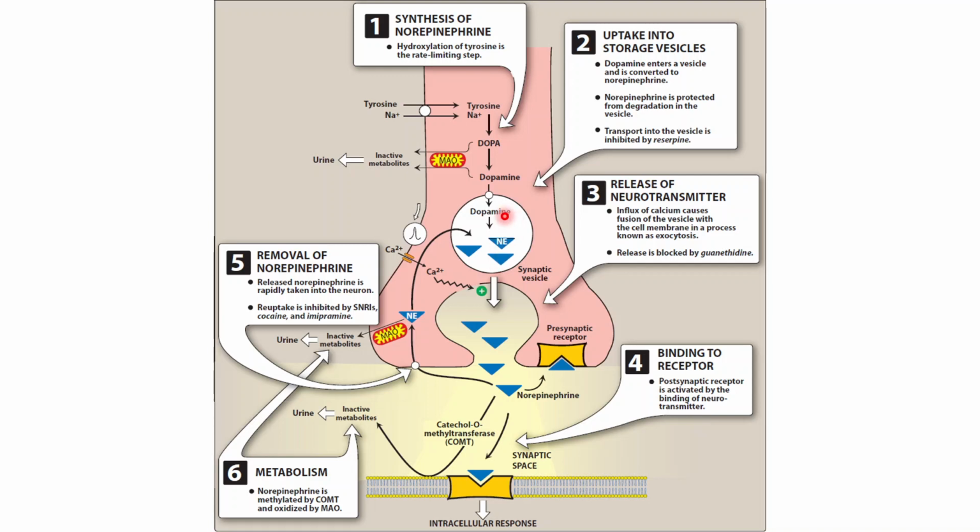Normally, dopamine converts to norepinephrine, and norepinephrine is released from the vesicles into the synaptic cleft, and then it can act on the presynaptic receptor, that is usually the alpha 2 receptor, that will further inhibit the release of norepinephrine, or it can act on the postsynaptic receptor that is located on the membrane of the effector organ, and that is usually beta 1, beta 2, and alpha 1 adrenergic receptor.